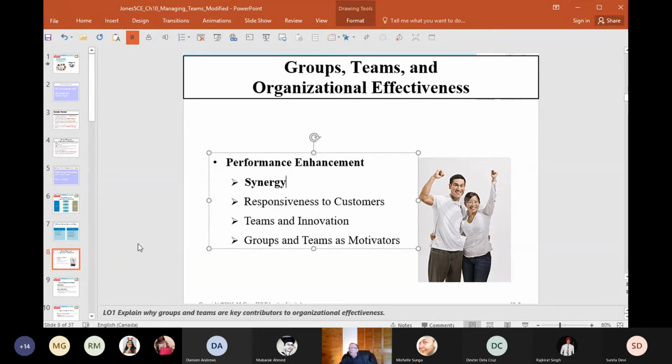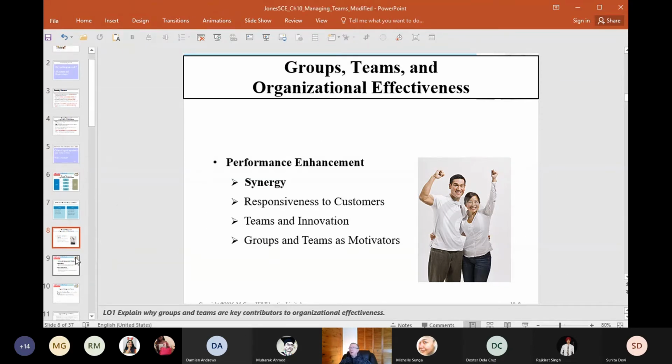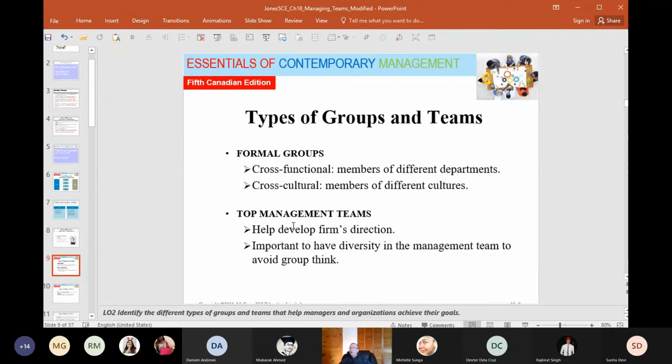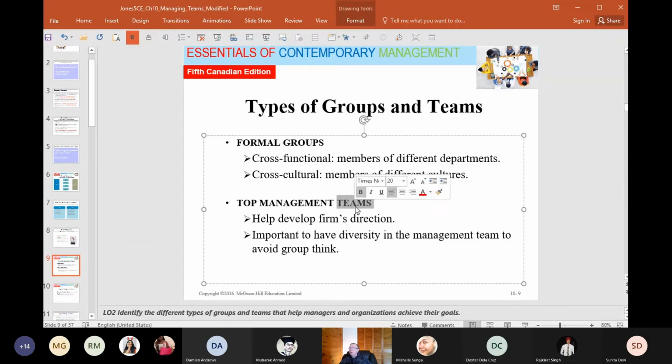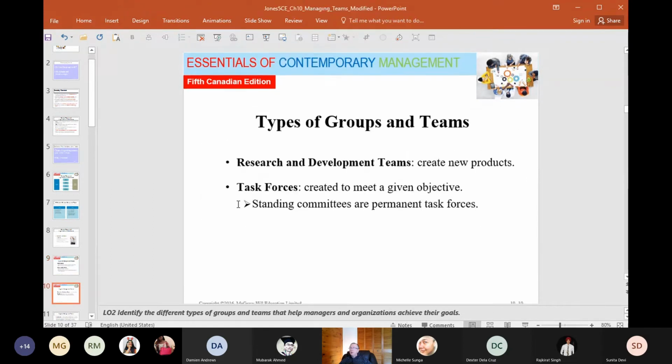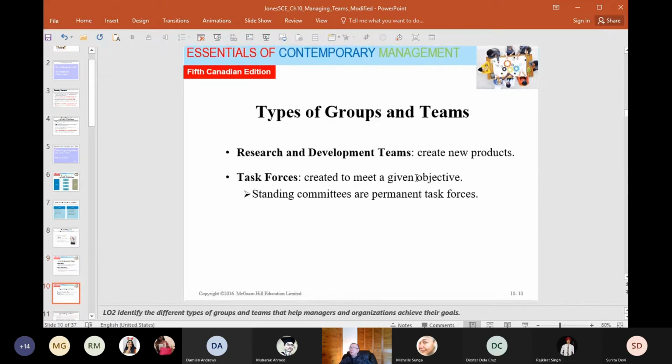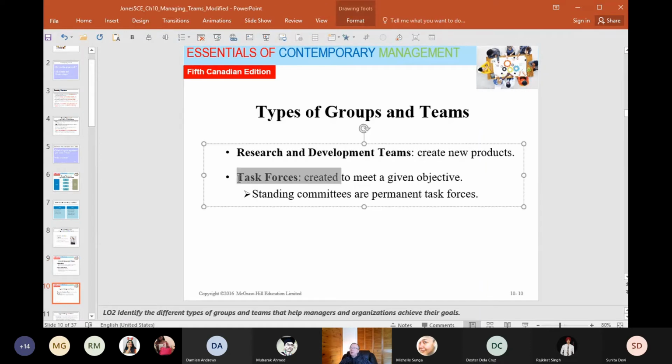Okay, so if we take a look now, there are different groups, of course, formal and cross-functional, cross-cultural groups, and top management teams that are significant for us. They are also research and development teams, task forces.